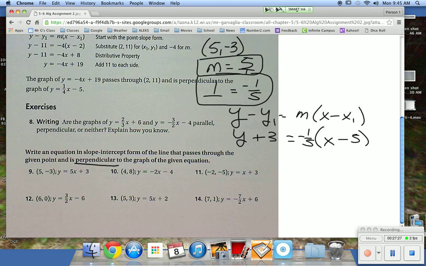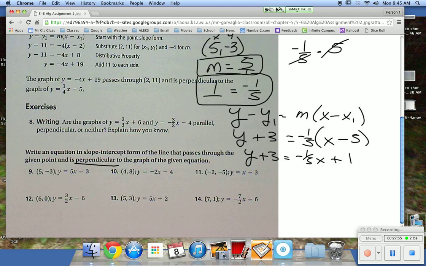Because that's my x. This is x, this is y up here, right? So I've got y plus 3 equals minus 1/5 times x minus 5. Minus 1/5 times a negative 5 is plus 1. My 5's cancel, right?